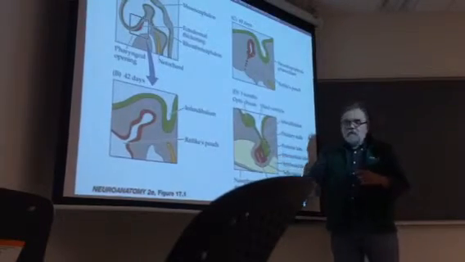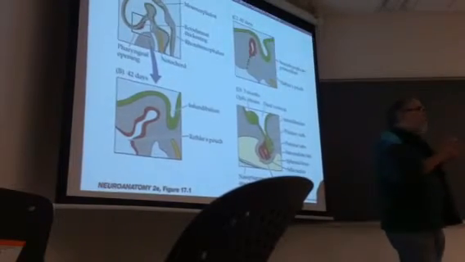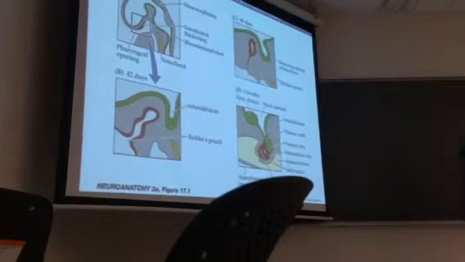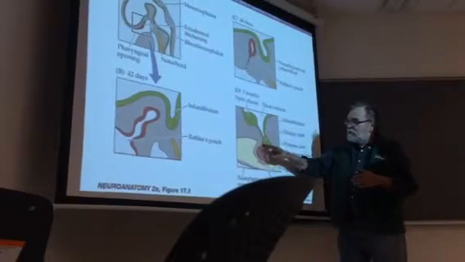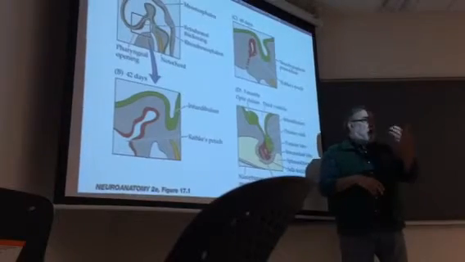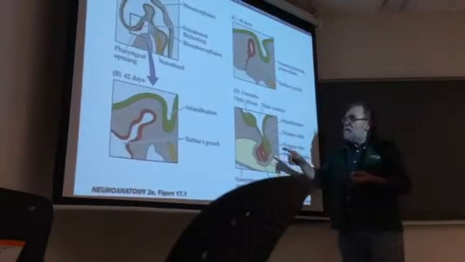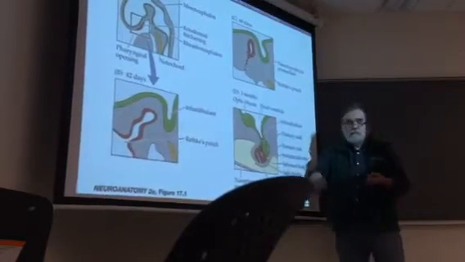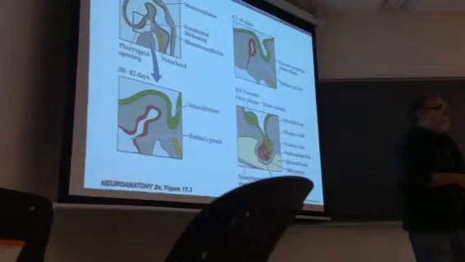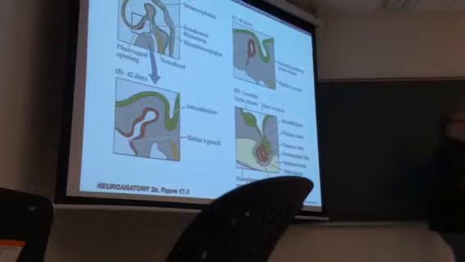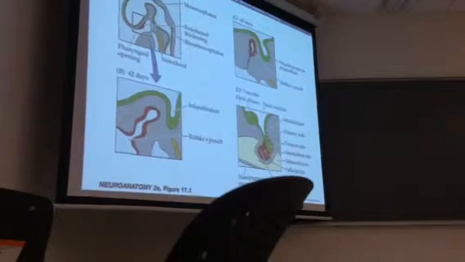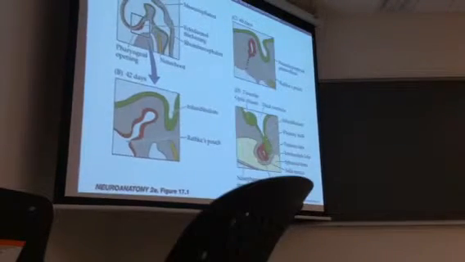What's going to happen here is we're going to have this tremendous vascular supply, once again, that is going to allow the hypothalamus to communicate with the anterior pituitary. The posterior pituitary, the neurohypophysis, is going to have direct innervation from the brain. And that's going to make it all the different.